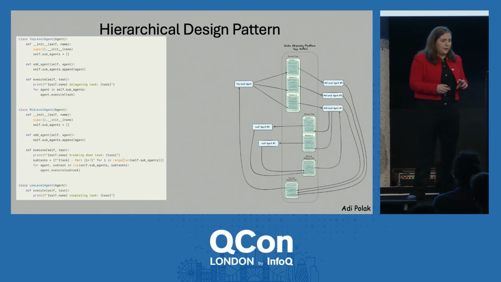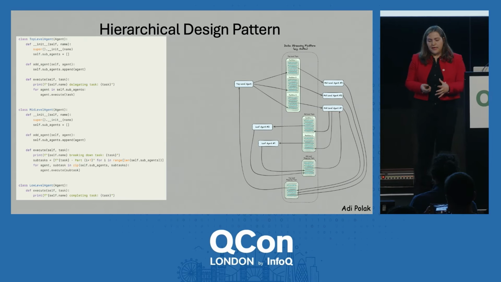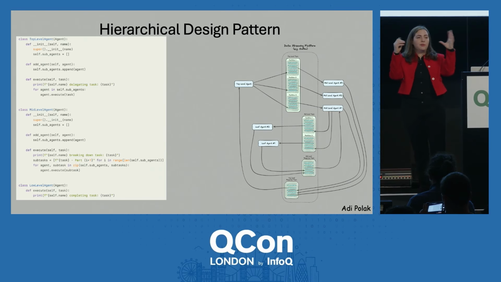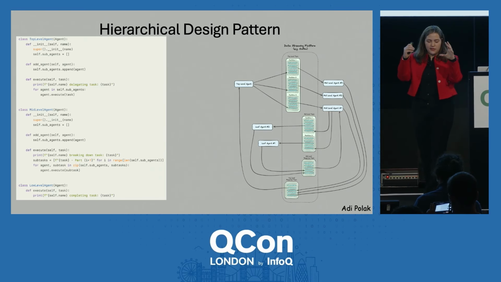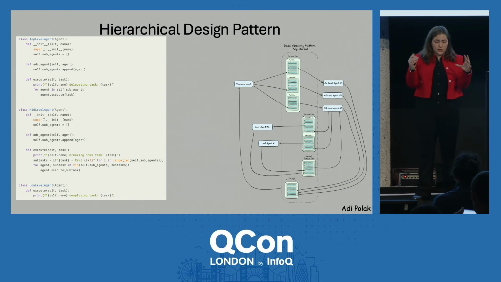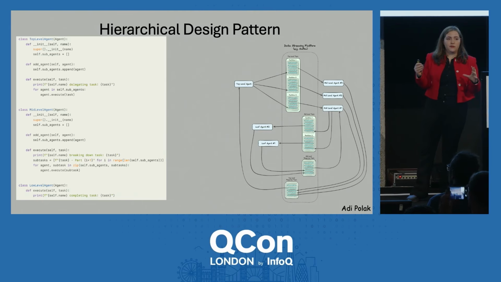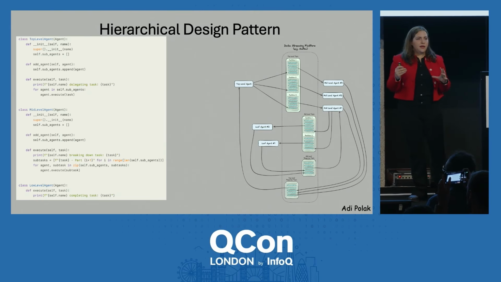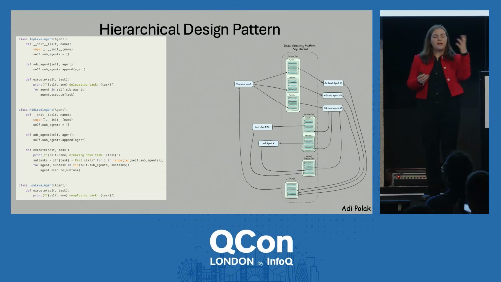The second pattern that emerged is hierarchical. Essentially, I have my top-level agent that is going to speak to the mid-level agent that is going to speak to the low-level agent. So if you think about something like a planner, it would be more of a top-level agent.